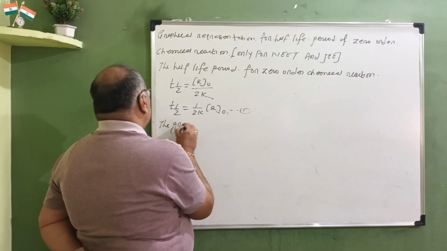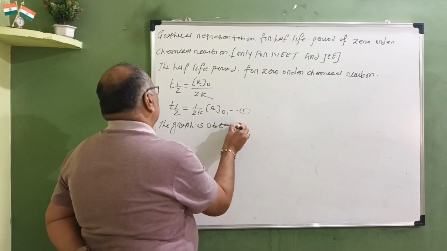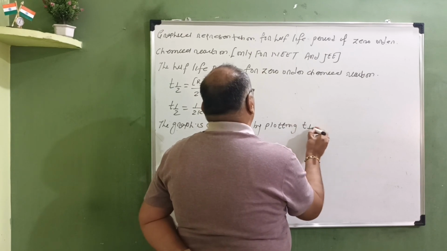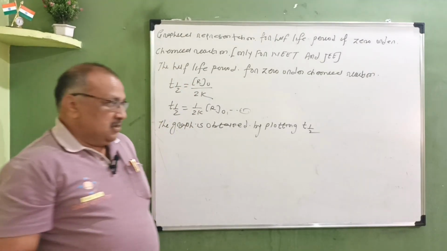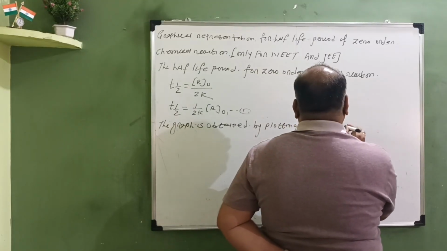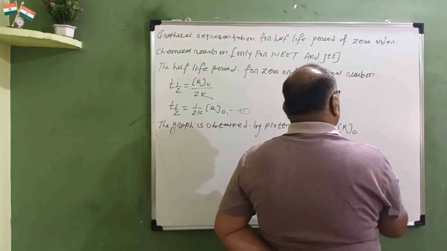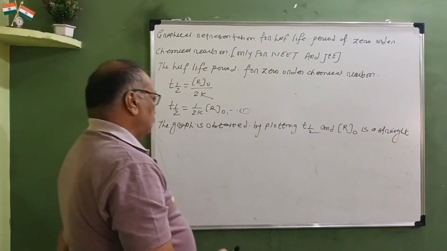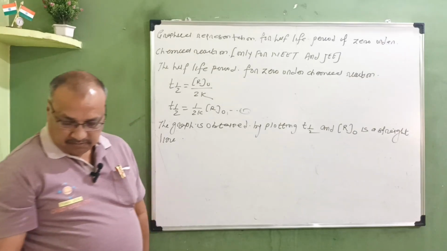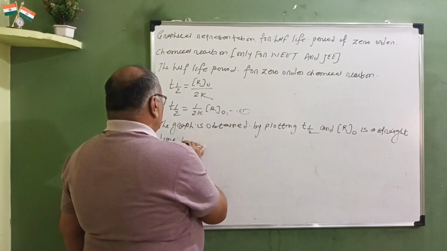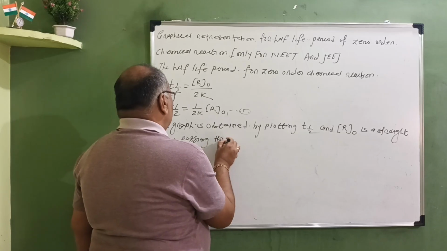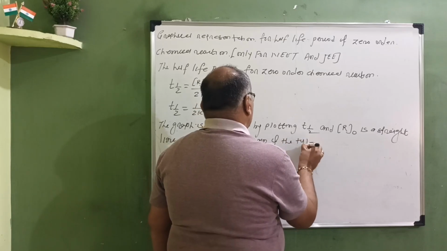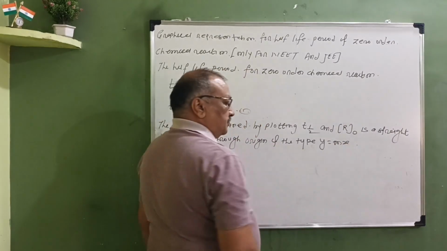The plot is a straight line passing through the origin, of the form y is equal to mx.